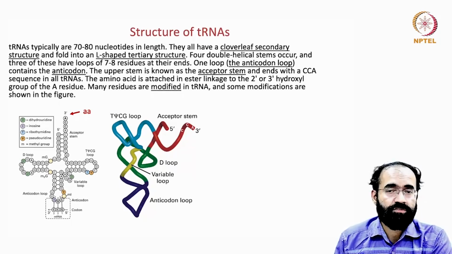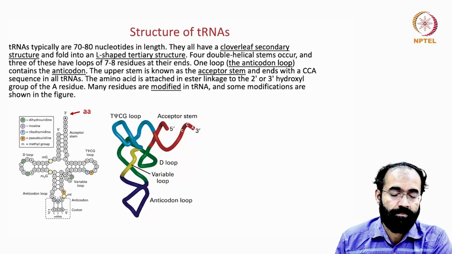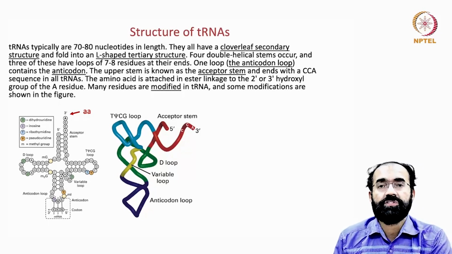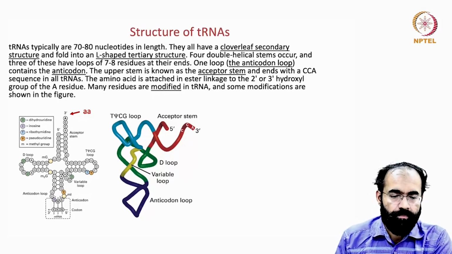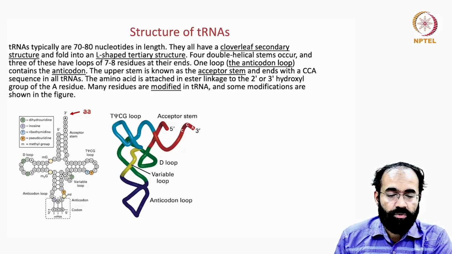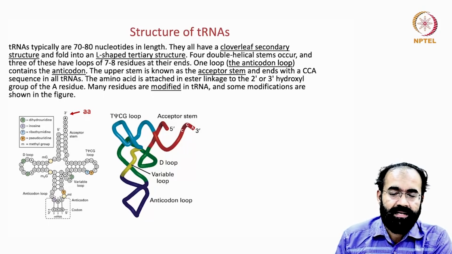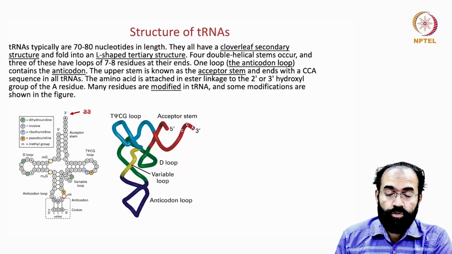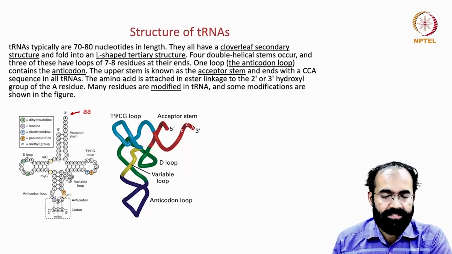Why is it the same? Because all tRNAs come from different genes and none of them have the CCA to start with, because it is added by post-transcriptional modification. So all tRNAs have CCA at the 3' end. The amino acid is attached in ester linkage to the 2' or 3' hydroxyl group of an A residue, meaning the adenine residue.